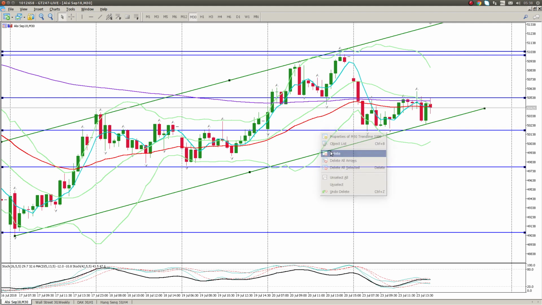So for me, it's kind of a wait and see. We're going to look at this range here and look for a break of this range. If we can get a break of this range to the upside, then we're targeting the upside gap as well as the top here. If we're getting a break to the downside, we're targeting this level of 49,780.